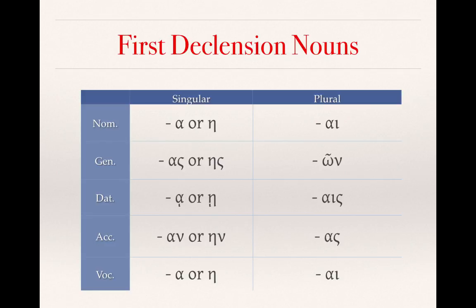Generally, the dative is signaled by that iota. You see it in ice, and then you see it hidden under the alpha and the eta with the iota subscript, which we talked about in a past lesson. And then finally, the accusative singular has the nu preceded by either an alpha or an eta. So that nu at the end is a signal that you're in the singular accusative case.